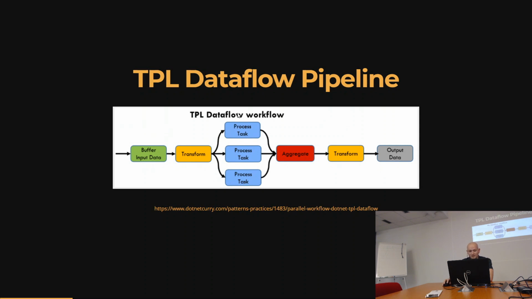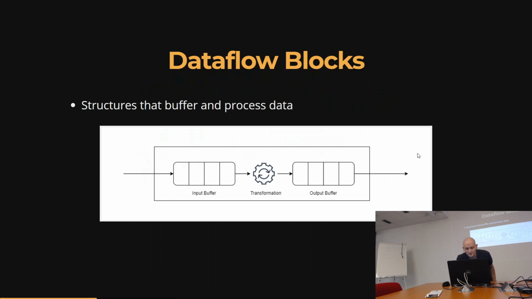Once all the data is processed, it might be aggregated and again transformed back to a byte array and output. So this is really just an abstract way of looking at this library.